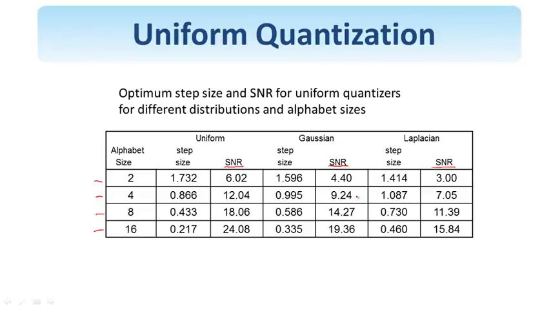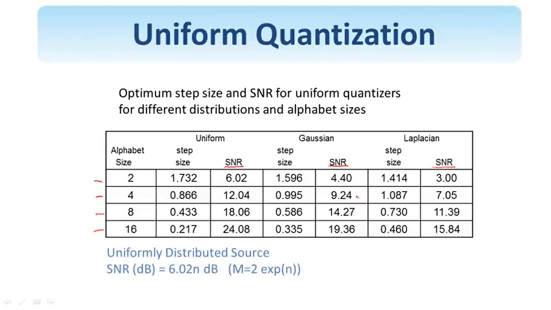For a uniform distribution of amplitudes, a closed-form expression can be obtained for the SNR in terms of the quantization level. More specifically, the SNR equals 6.02 n, where n is the number of bits to represent the quantization level.